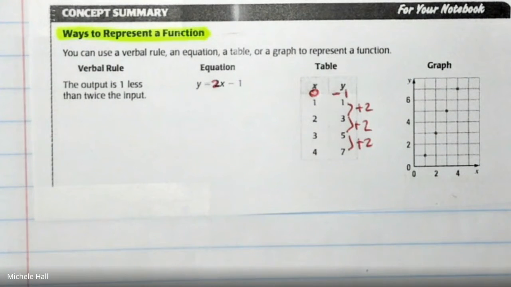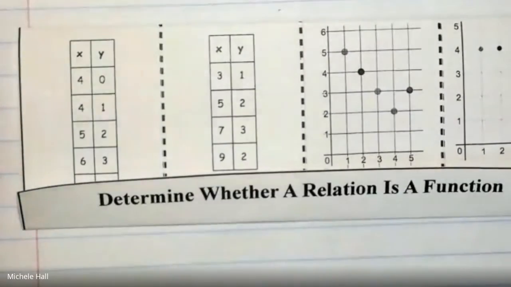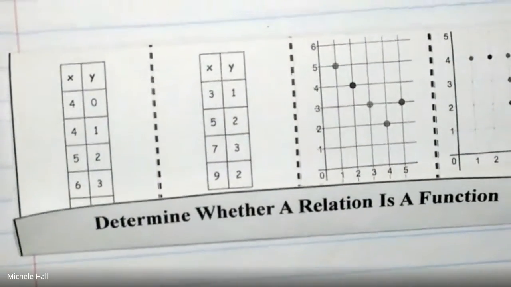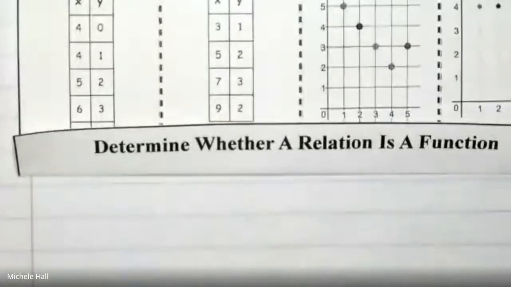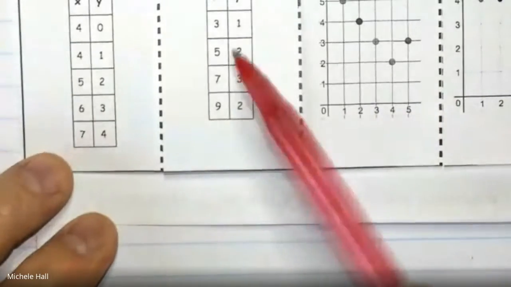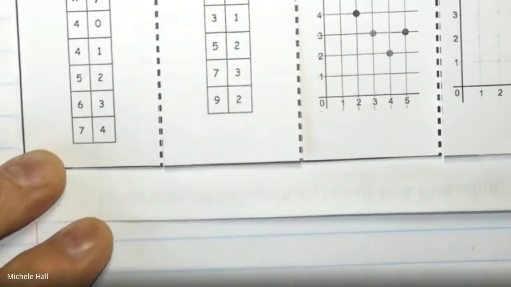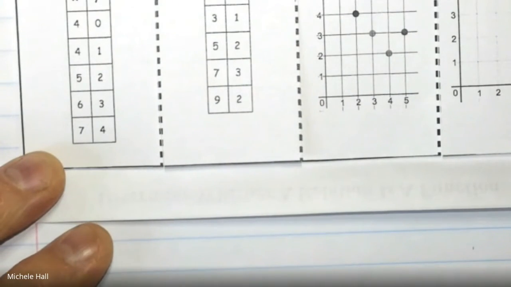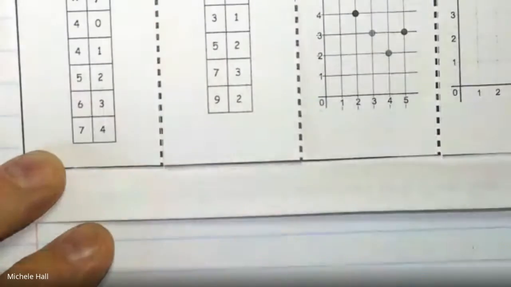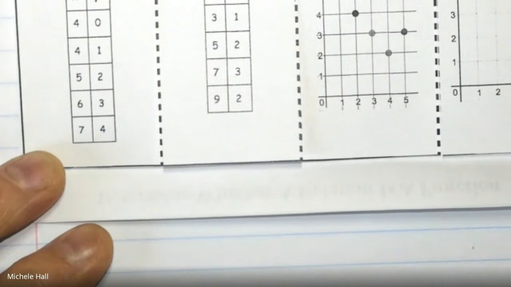The last part for today's notes would be to determine whether a relation is a function. And that's just what I talked about from 1.7. I have a table of values. Does this table of values, this relation, is it a function? Is this first set of numbers a function? Why not?